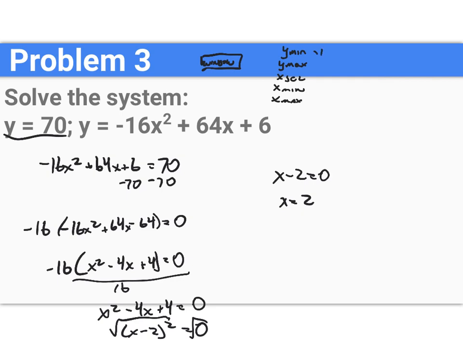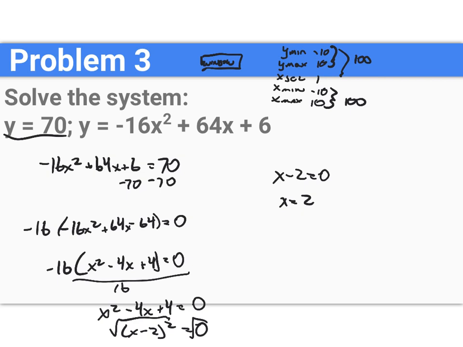This starts at negative 10, 10, X-scale is 1, leave that alone. X-min is negative 10, and X-max is positive 10. Because Y starts at 70, I would change these to 100. That'll give you a nice square window to look at. But you can always make them different.